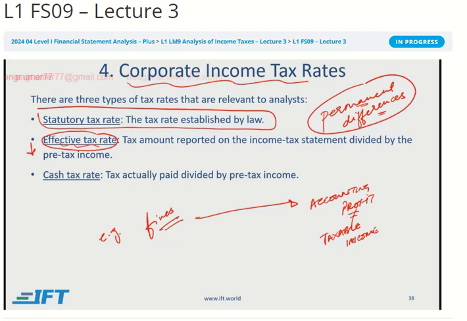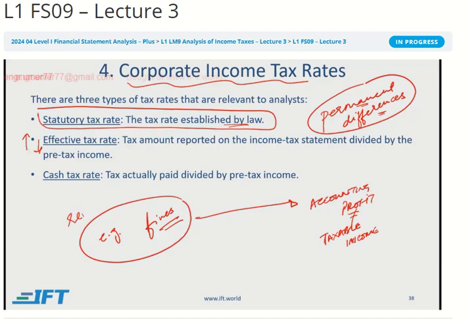They're not going to allow them as tax deductible expenses. So that will be a permanent difference as well, which means the tax you will have to pay will be higher than the tax rate established by the law. So your effective tax rate can be more than the statutory or less than the statutory, depending on the reason for that permanent difference.